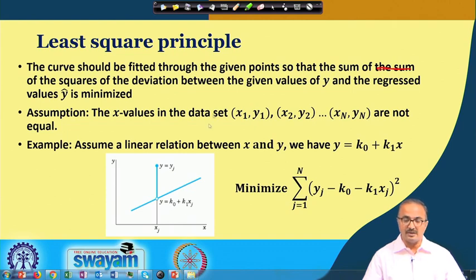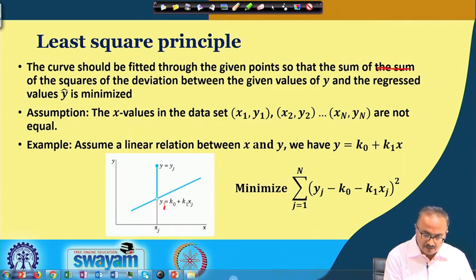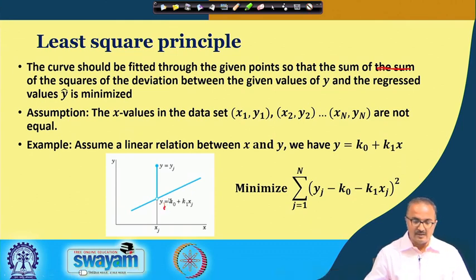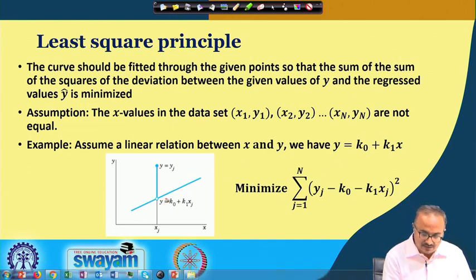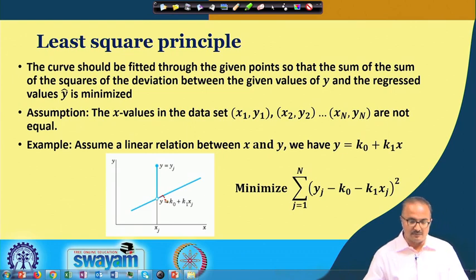This is yj, the actual value, and this is the regressed value, y tilde. There is an error between yj and the regressed value on the regressed curve.